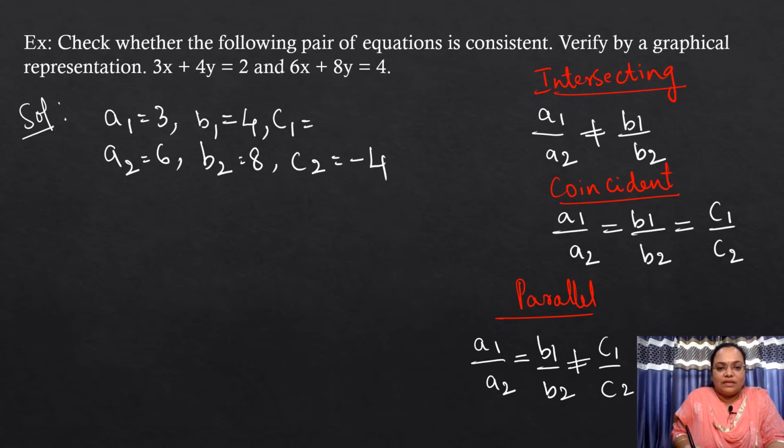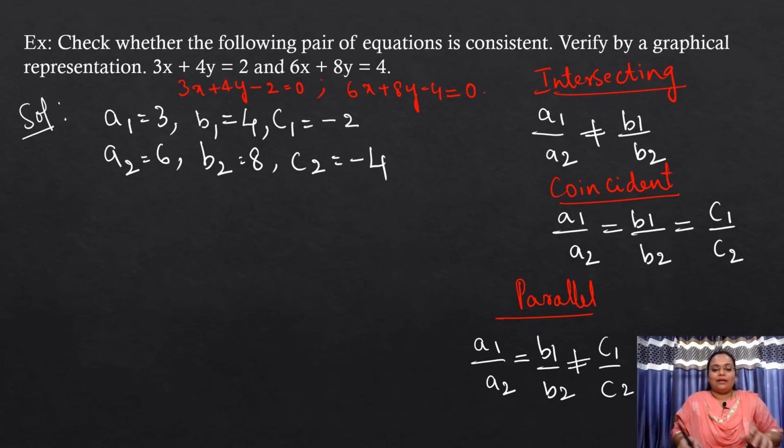Okay, just write it in a general form. 3x plus 4y minus 2 is equal to 0 and 6x plus 8y minus 4 is equal to 0. Right? Now let us see which condition satisfies.